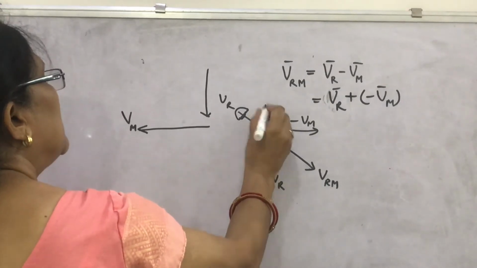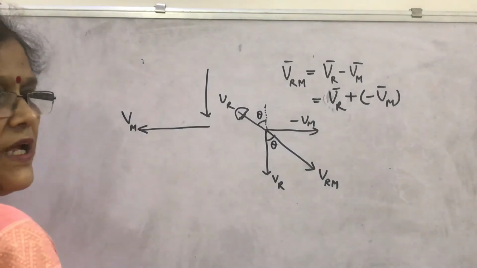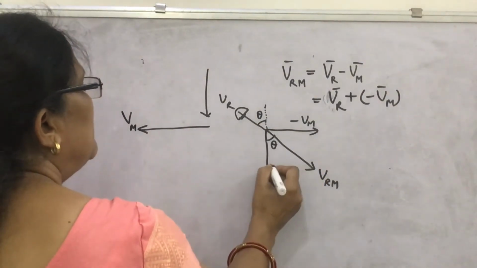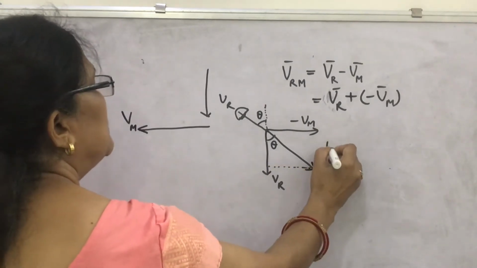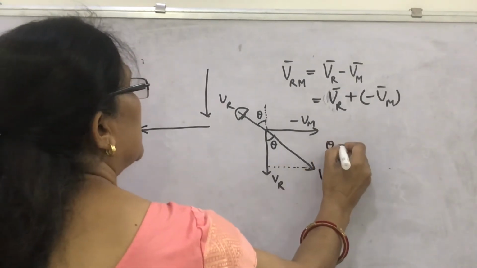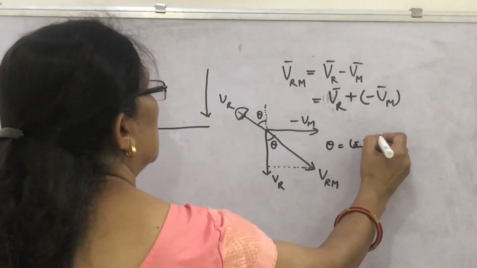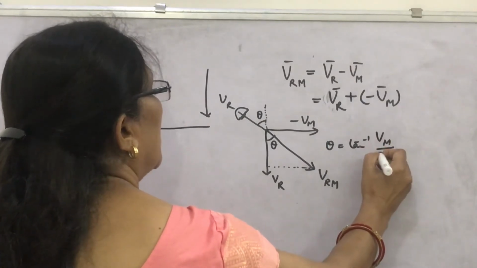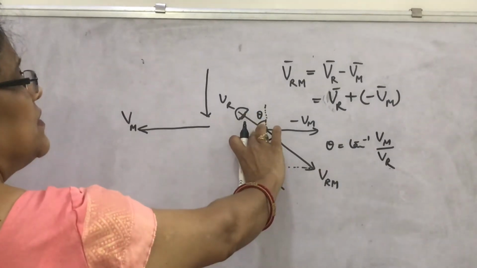This is theta, this will also be theta, again using tan theta. How will you find tan theta? This is Vm in magnitude, and this will also be Vm. So again you will write that theta will be tan inverse, look, Vm upon VR, perpendicular upon base.